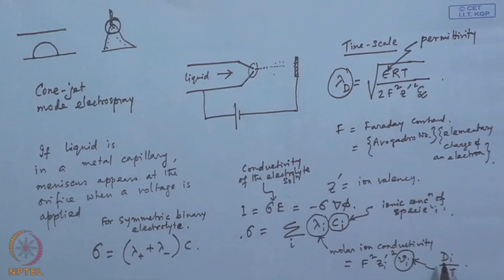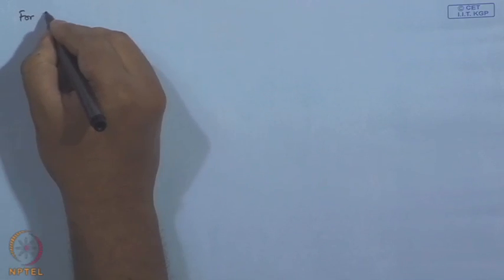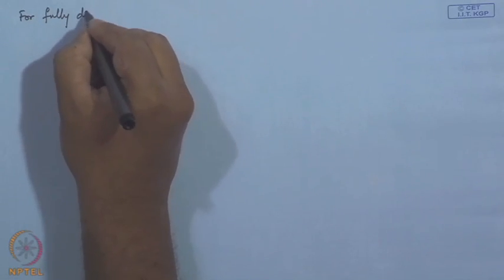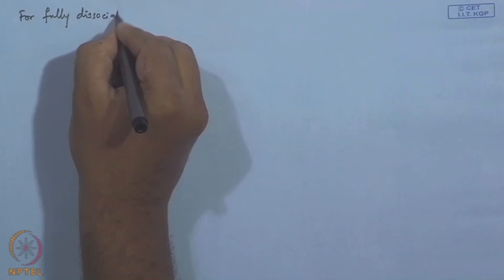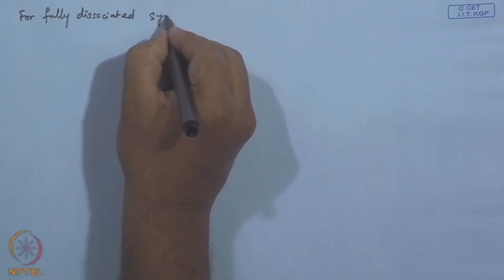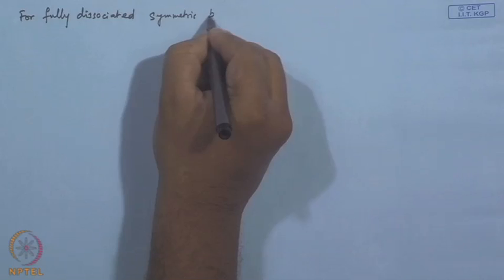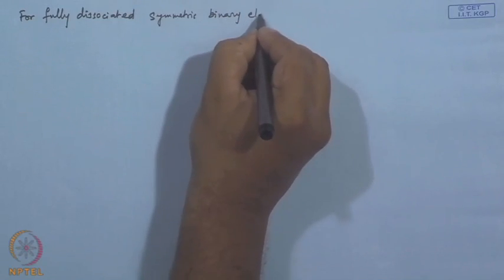Now, for a fully dissociated symmetric binary electrolyte, D is equal to D plus is equal to D minus.